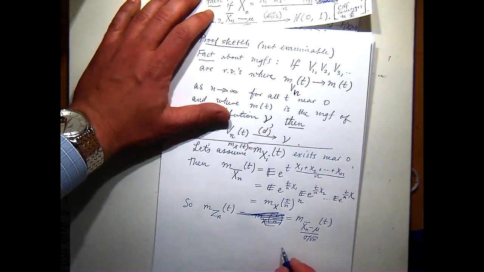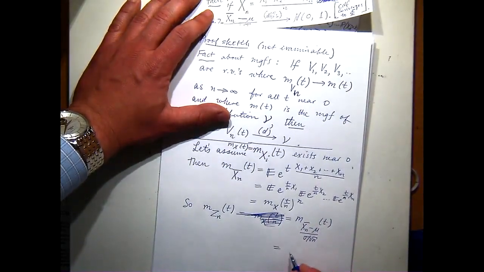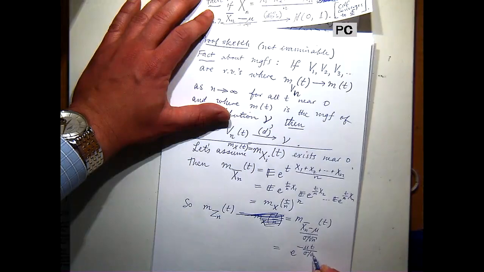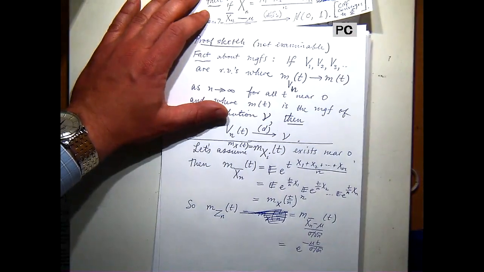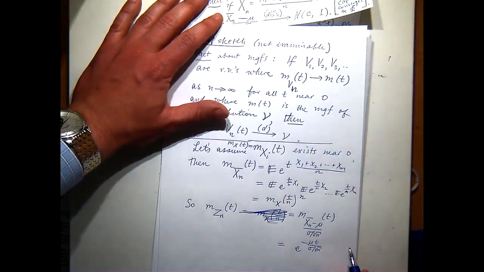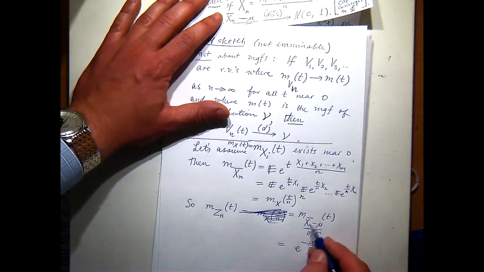Okay, so the first thing is there's a constant in here, e to the minus mu t divided by sigma divided by root n, because of this constant term here.